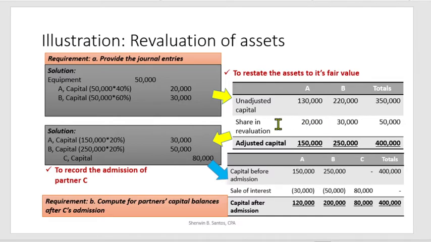The share in the revaluation for A is 20,000, for B 30,000. So the adjusted capital now is 150,000 for A, 250,000 for B. Total of 400,000. So you can observe that the net assets of the partnership increased because of the restatement of the fair value of the equipment. Now, based on this adjusted capital after restating the equipment's fair value, we have to admit the new partner.